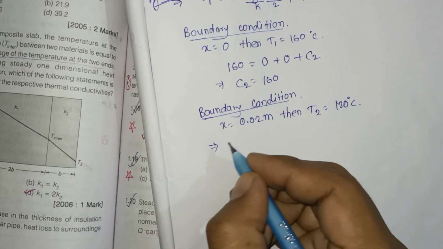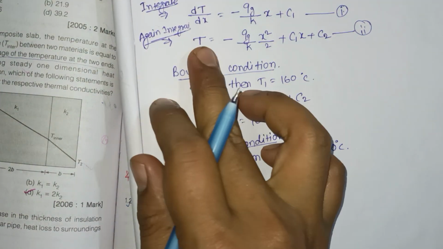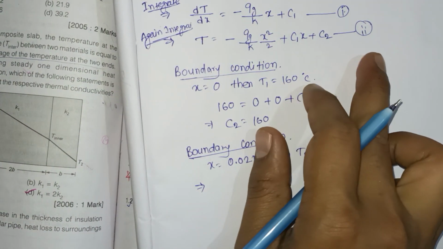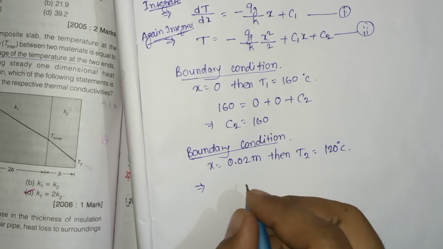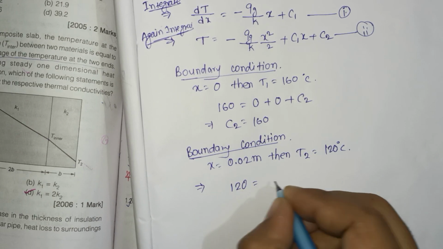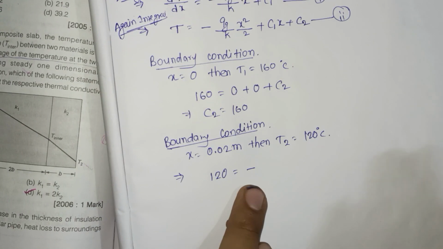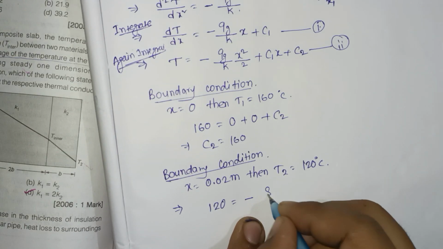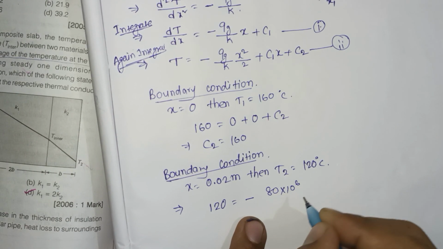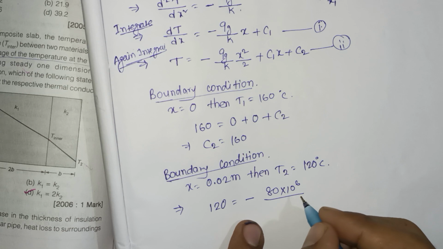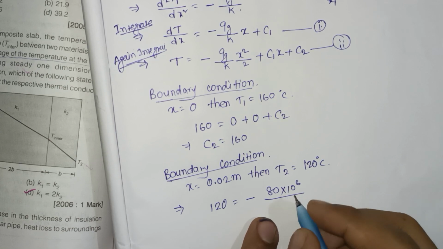So if you put this value in equation number 2, 120 is equal to minus qg by k. What is the value of qg? That is 80 megawatt, 80 into 10 to the power 6, by k.